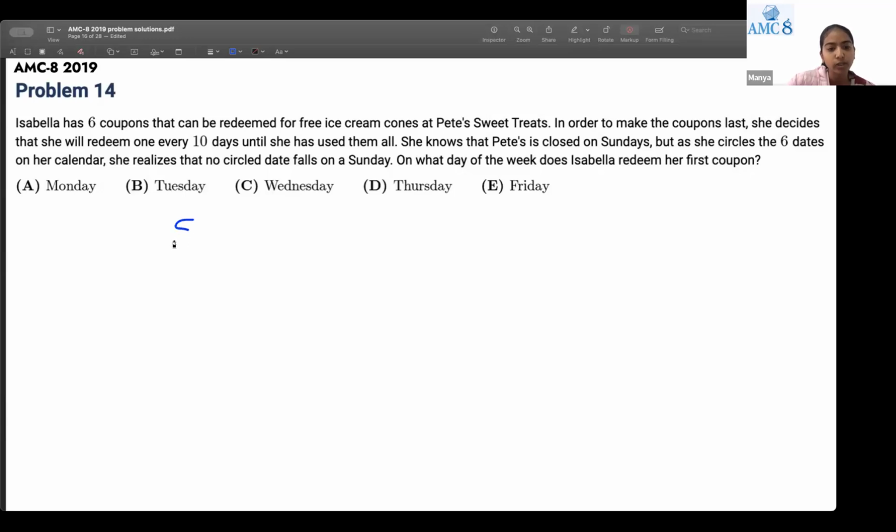So first we'll make a chart. Sunday, and then Monday, Tuesday, Wednesday, Thursday, Friday, and Saturday.